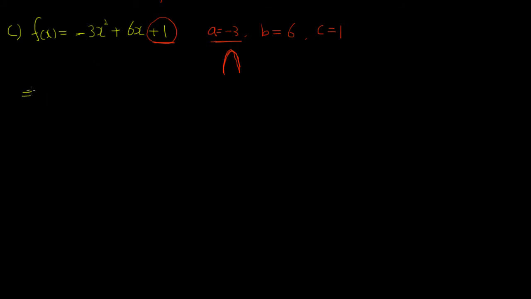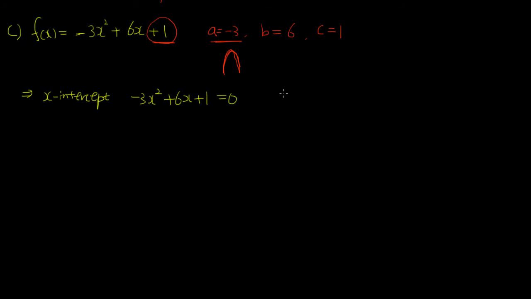So, x-intercept, we have to let y equal 0. So we have negative 3x squared plus 6x plus 1 equals 0. How do we solve this? Using the quadratic formula.